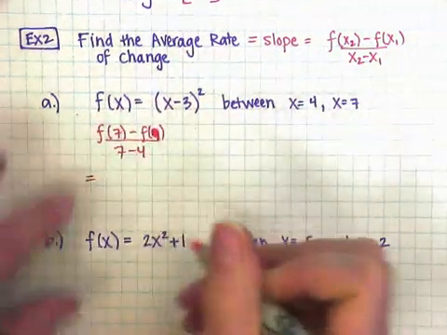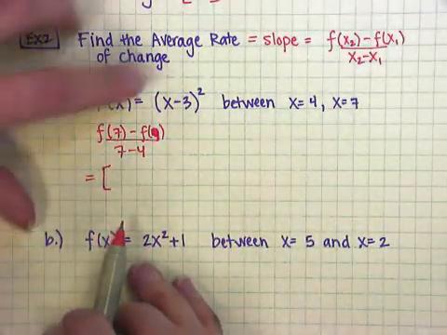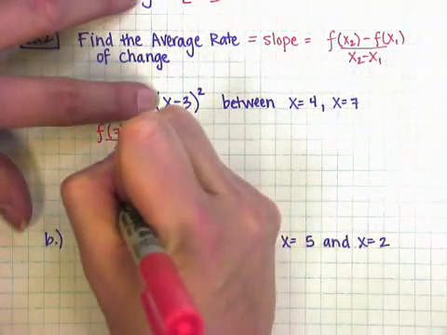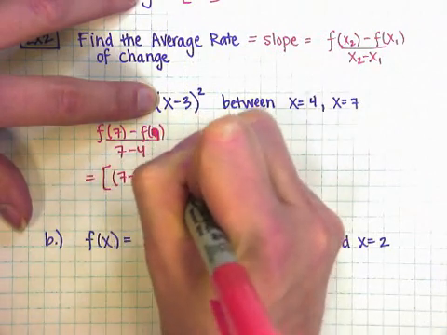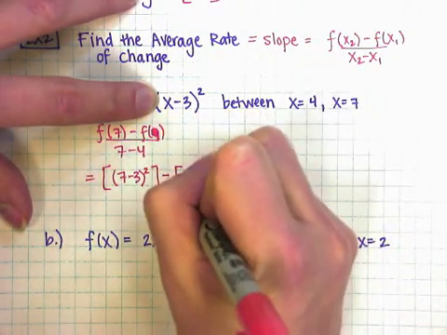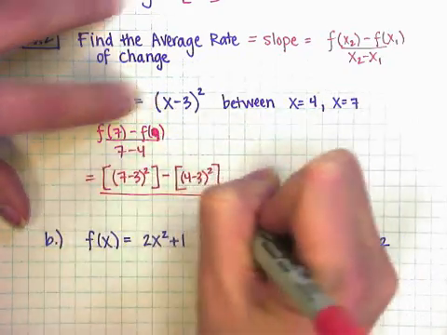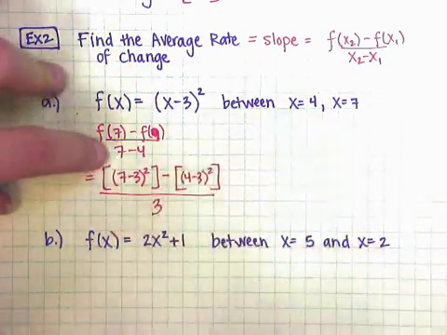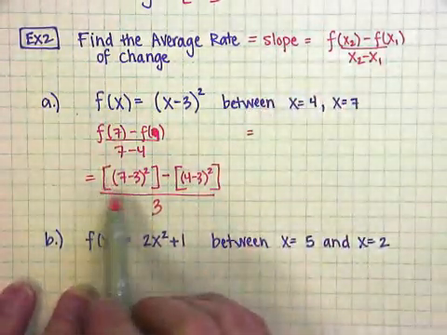Now that I do this, I want to find f of 7. So I'm going to use square brackets to help me keep track of everything. Let's see, I need (7 minus 3) squared minus (4 minus 3) squared. And this is all over 7 minus 4, which is 3. Now I'm going to do my algebra with PEMDAS.